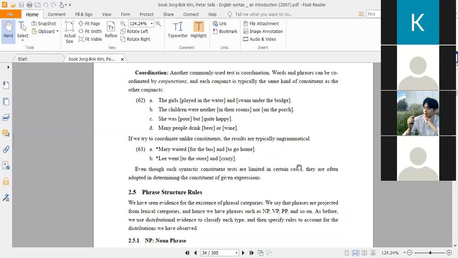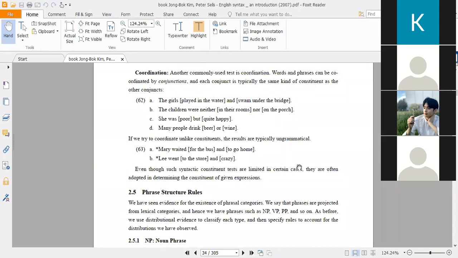That is wrong. "And" is joining for the bus and to go home, so these two parts are wrong. Lee went to the store and crazy. Crazy is an adjective, went to the store is a prepositional phrase. So how can we join a prepositional phrase with an adjective? How can we join for the bus and to go home, which is an infinitive?